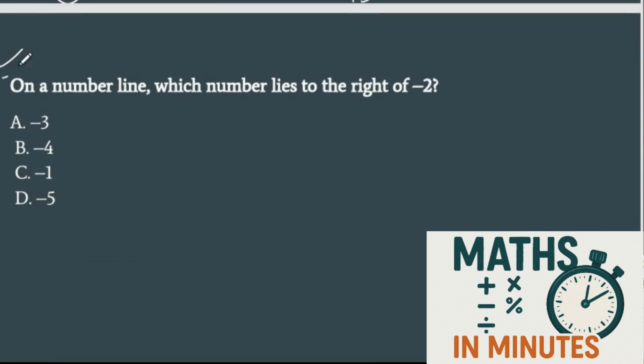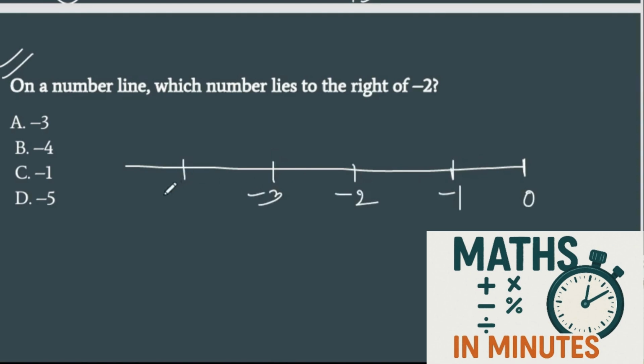Your question number 1 is, on a number line, which number lies to the right of minus 2? Think. Which number lies to the right of minus 2? So if you look at the number line, numbers in the left are negative integers. So this is 0, -1, -2, -3, -4 and -5.